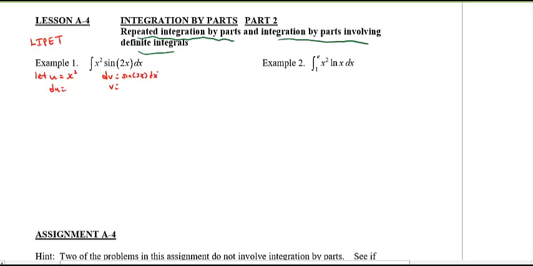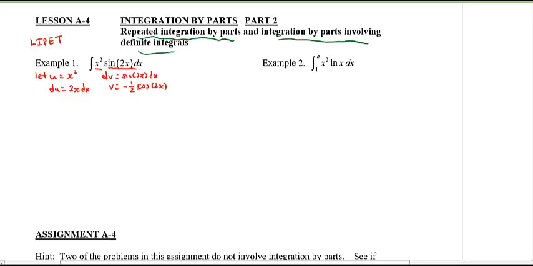Now once again we can do this because we see this is a multiplication of two things. Now let's go ahead and find du. Yep, that's 2x dx. And v, the integration of sine, yes, it's negative cosine. Don't forget, the extra factor of 2 we need to remove, so that'll put a 1/2 in front.